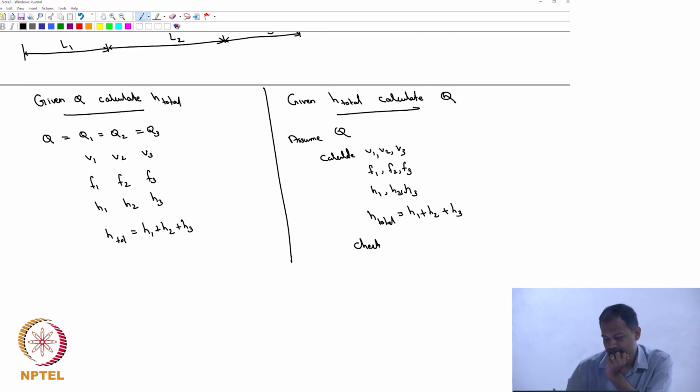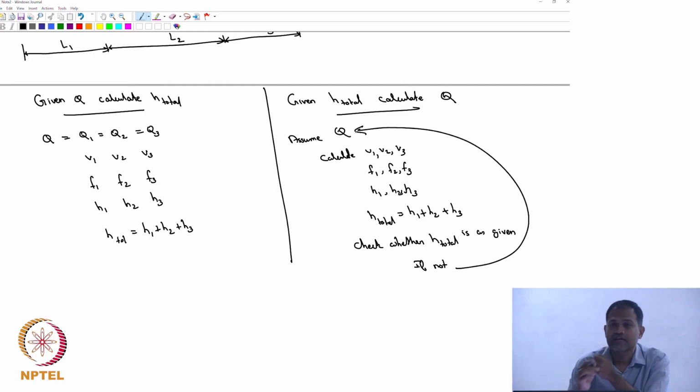Check whether H total is as given. If not, go back and correct your Q, and you are right, that's the only way to do it, at least that's the one way to do it. Okay, so it has to be an iterative procedure.